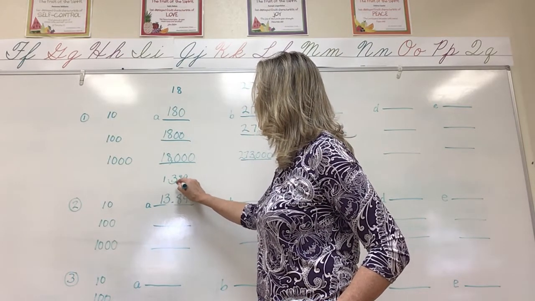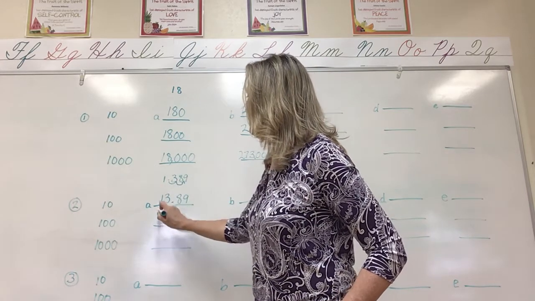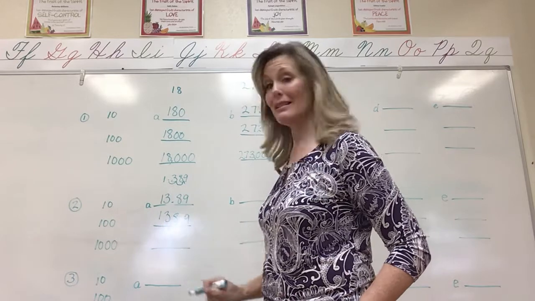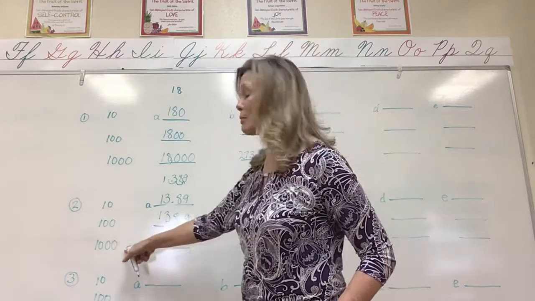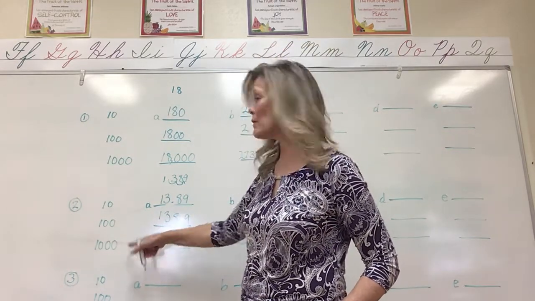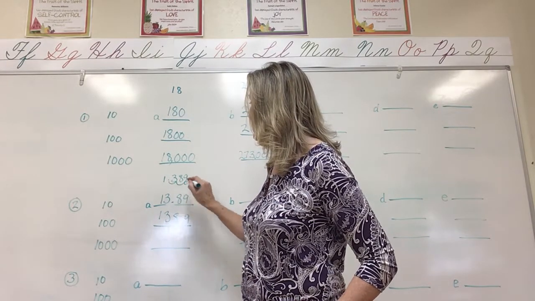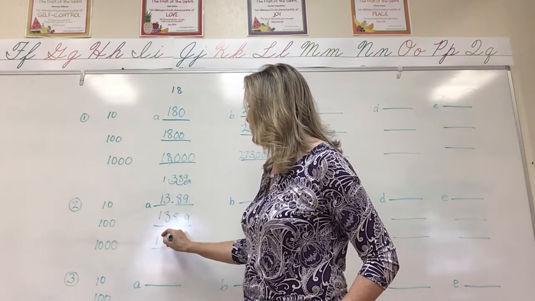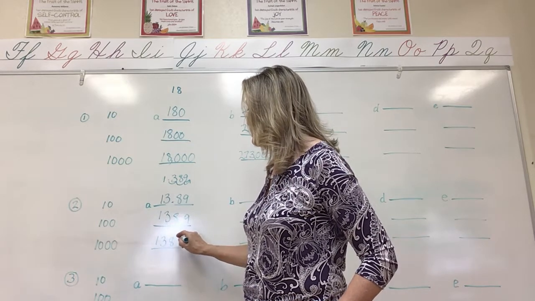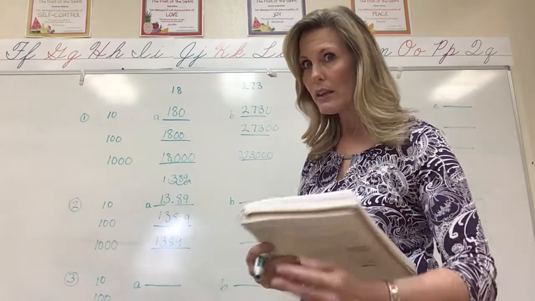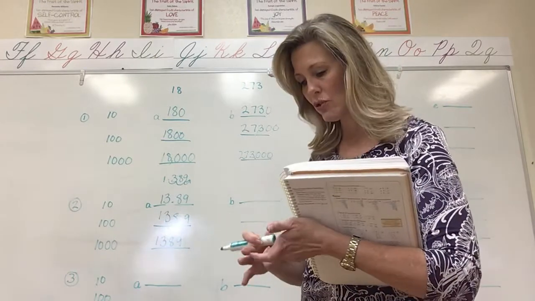And it's going to go there. So it's 138 and 9 tenths. And then multiplying by 1,000, I have 3 zeros, so I'm going to move it 3 places. So that's going to give me 1, 3, 8, 9, and my decimal point would be at the end, but I don't need to put it there if it's at the end. It's going to be understood.